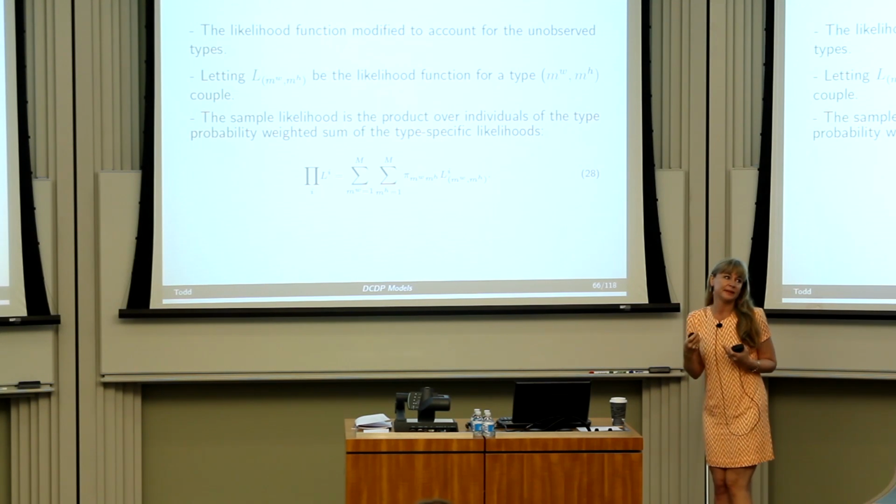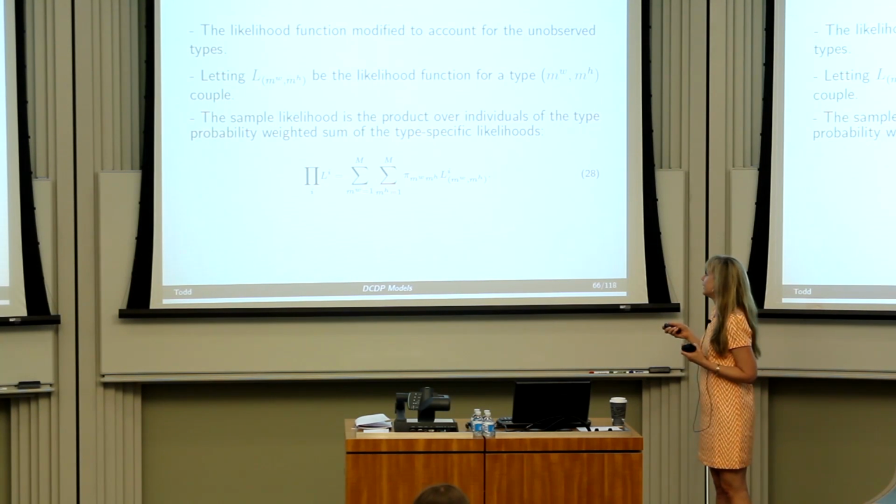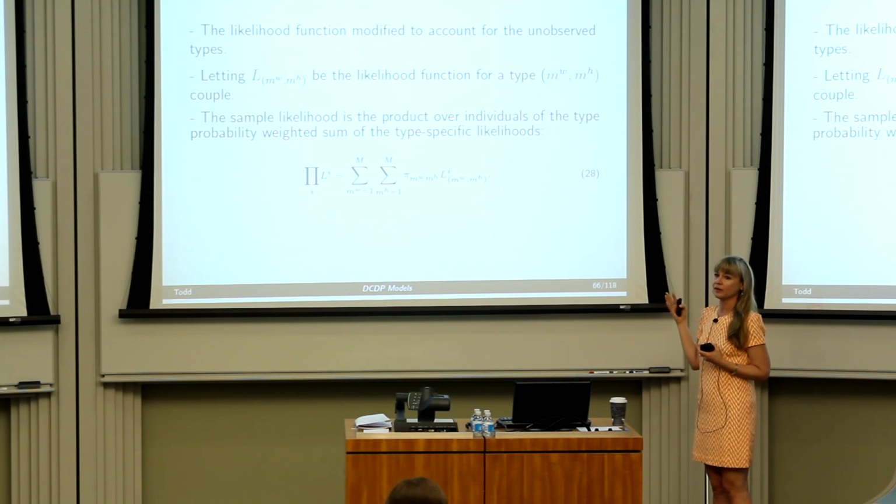So nowadays, if you estimate these models and you don't have types, people will probably complain that it doesn't allow for permanent unobserved heterogeneity. The only complication is computational, because now we have to solve the dynamic programming problem for each type in your population.